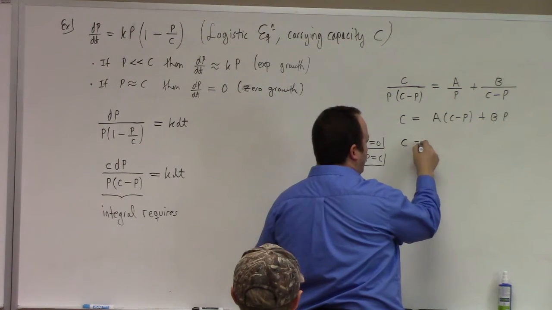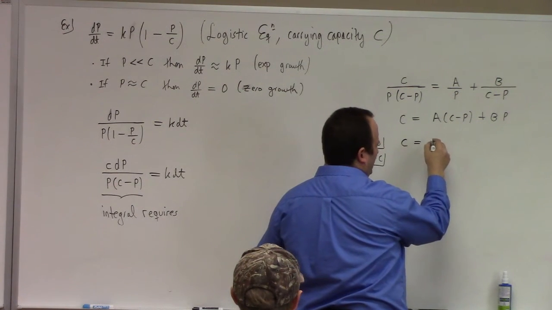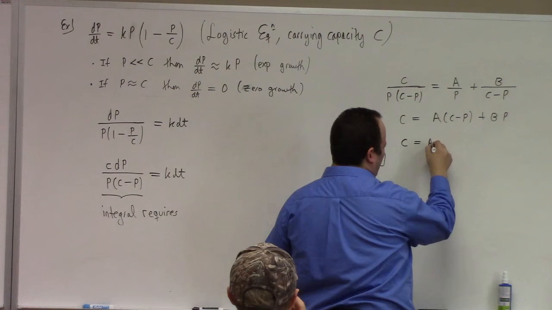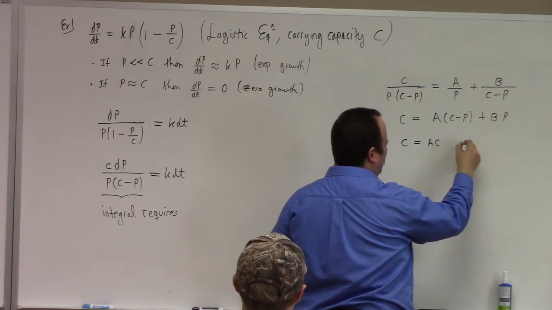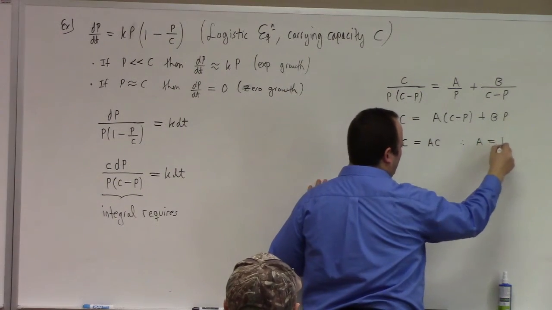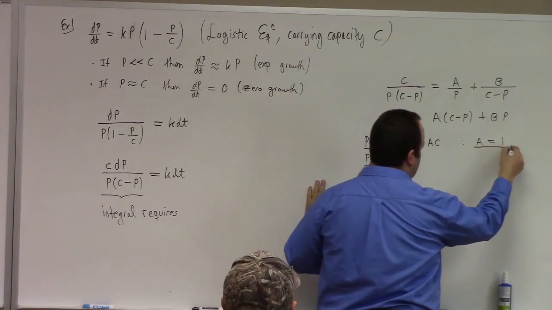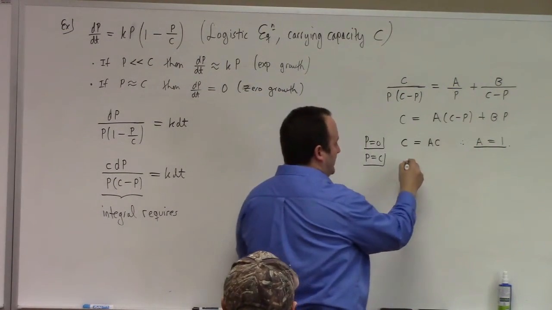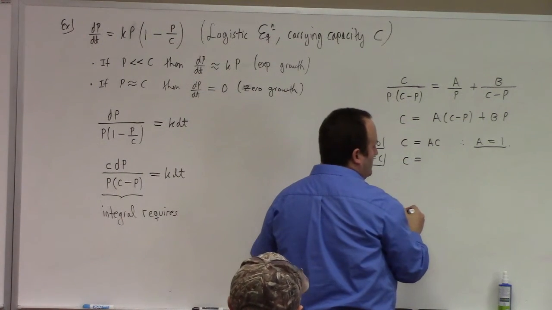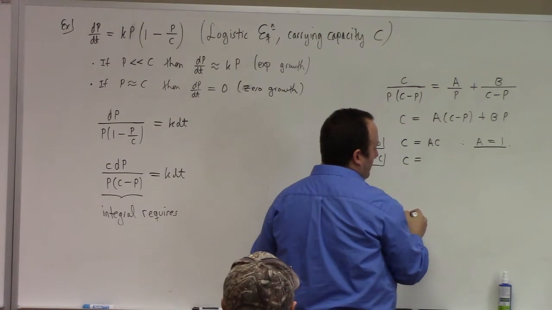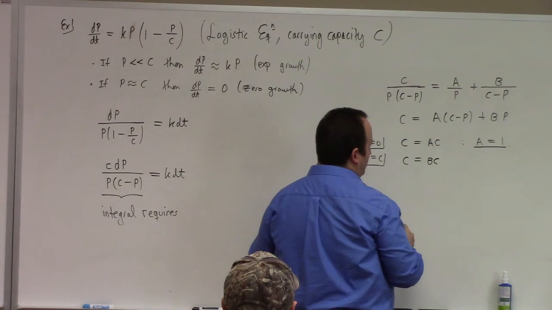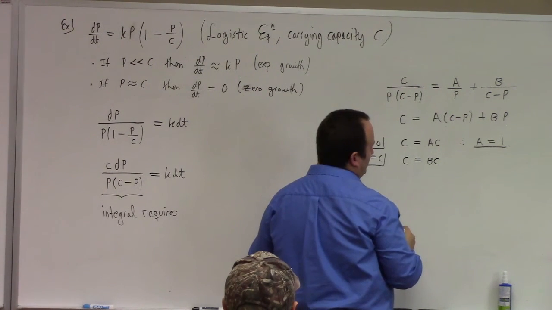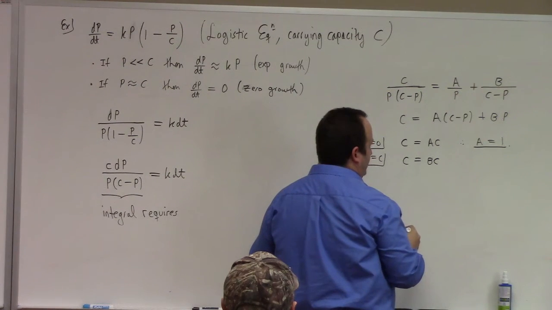P equal to 0 gives me C equals A times C. Well, that's very boring. A is apparently equal to 1. All right, I'll take it. P equals C gives me C equals BC. Really, this is not very exciting.